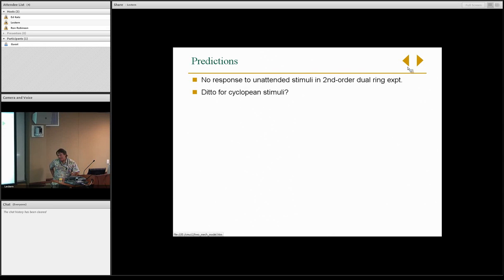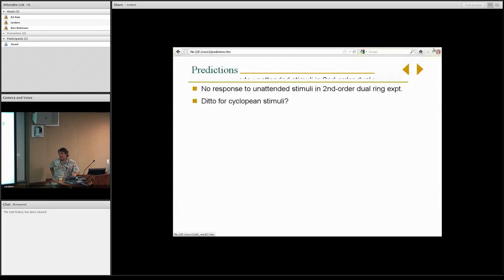Well, let me back it up. Everything usually contains some first order components and some second order components, but it's very difficult in the real world to eliminate all the first order components. So we worry about computationally how you could even process a pure second order stimulus. Is that important for computer vision? Probably not, because it's such an unusual stimulus that doesn't really occur outside the laboratory.